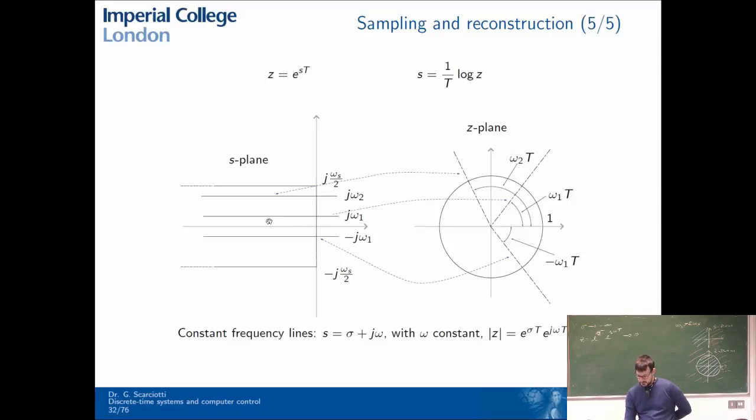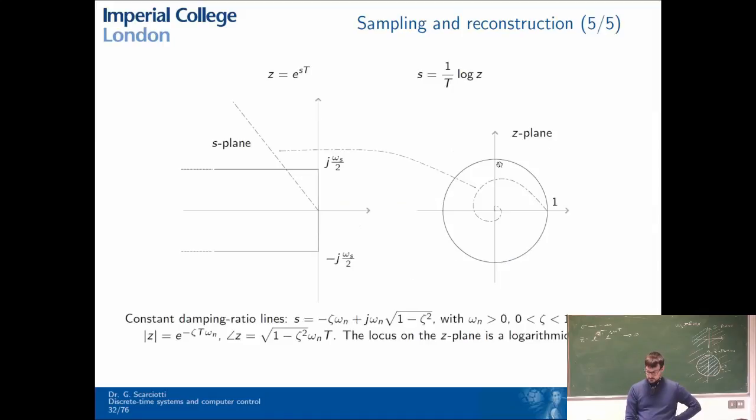So if we look, for instance, at this line, this is mapped here because the phase is constant, so we have a straight line where the angle is obviously the same. What changes is the value of the point on the line. As we go towards minus infinity, we are going towards 0, and as we are going towards plus infinity, then we are going outside the circle. Okay, so also this is not difficult to understand.